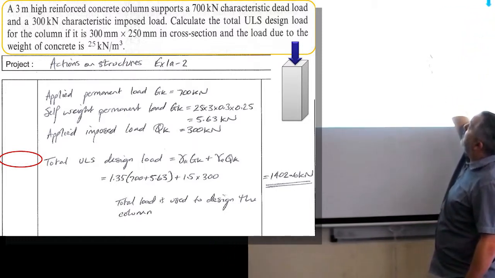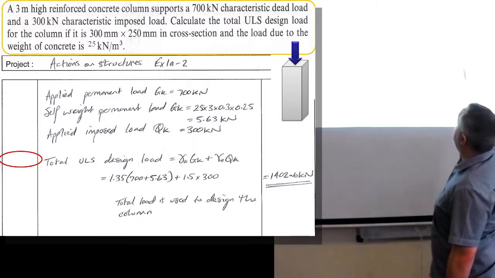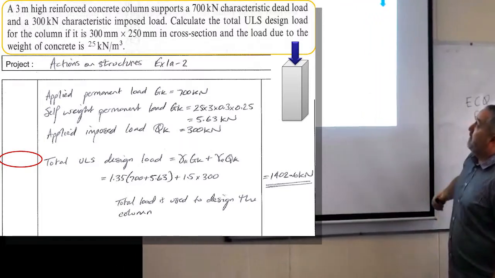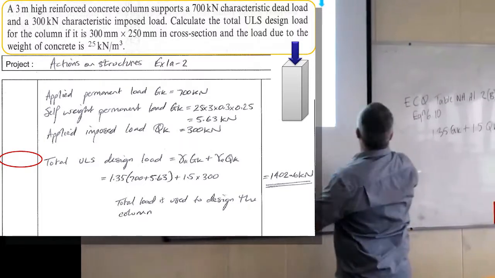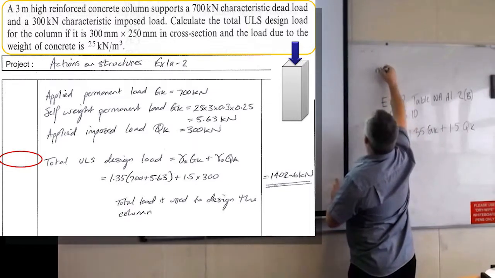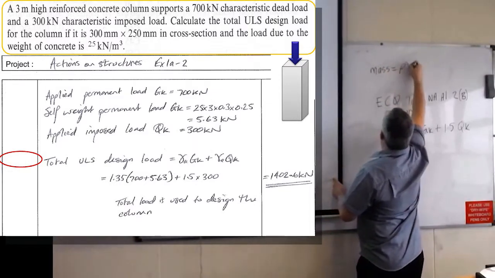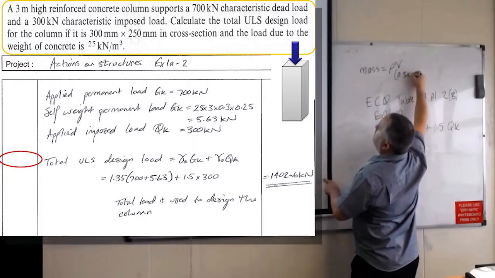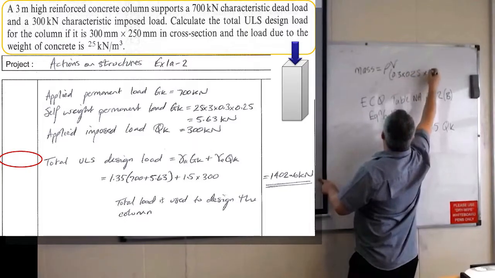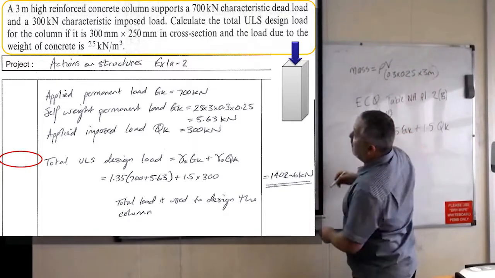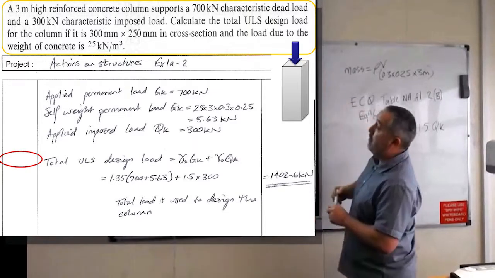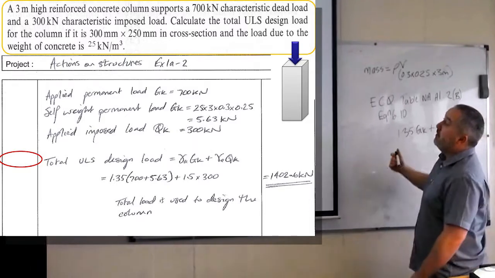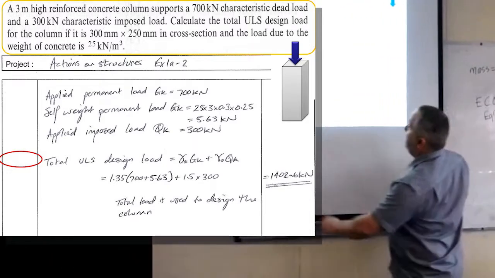That 25 there, if it wasn't in the question, you would write in where you got your 25 from. There's no reason why you couldn't write in that your mass is density times by volume, and that the volume there is 0.3 times by 0.25 cross-sectional area times by the 3 metres. That gives you the volume. So add in all that you need to try and show the person who's going to be checking what you've done. Stick your reference in there.